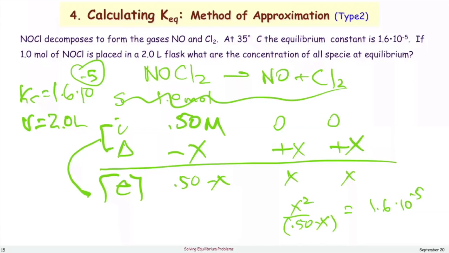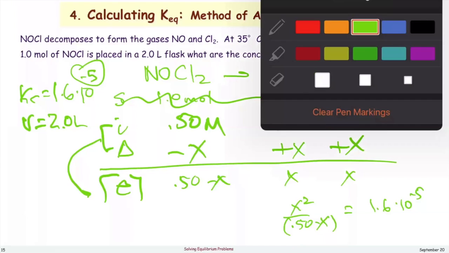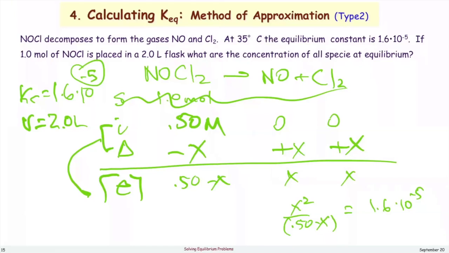Excuse me, Professor, I have a question. Sure. Why was NOCl converted into NOCl2 at the beginning of the equation? Oh, sorry, I mislabeled this. It's not NOCl2, it's NOCl. So basically, that's a good start. Thanks for pointing that out.